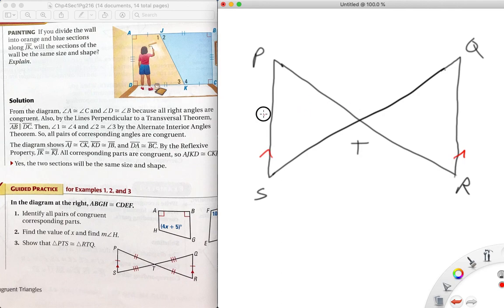Parallel means something. It's an important clue. These are corresponding, these are corresponding, these are corresponding.